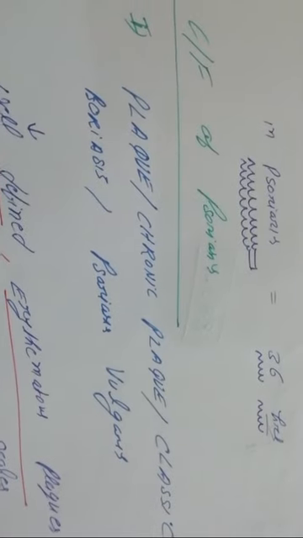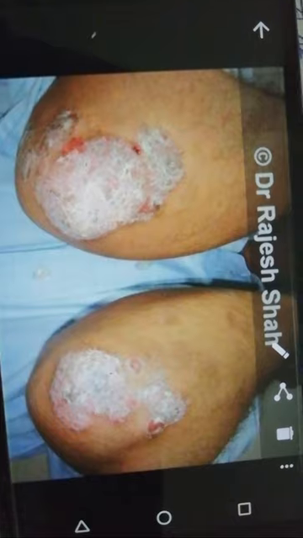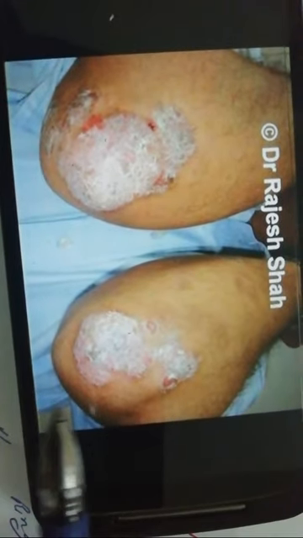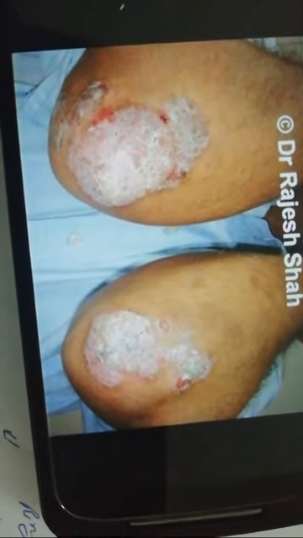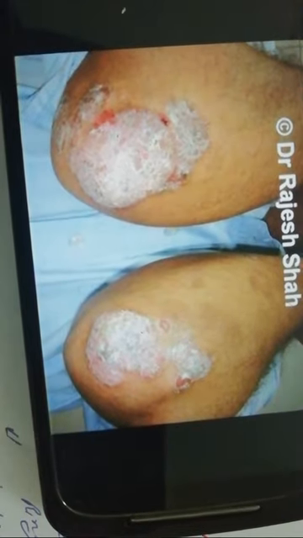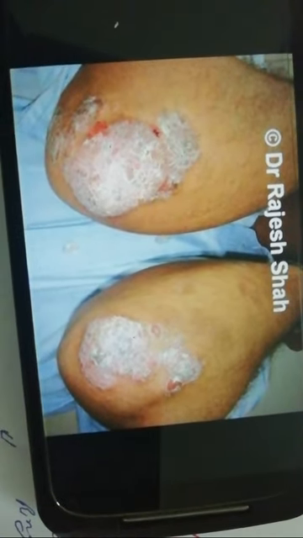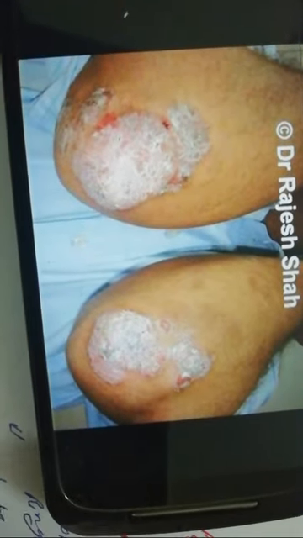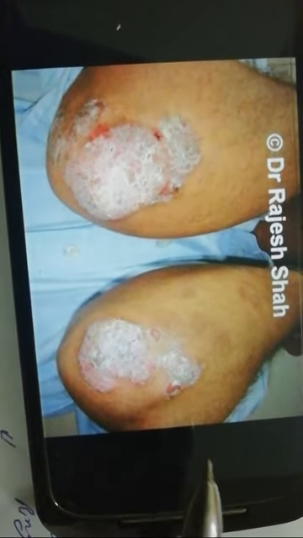The first thing is plaque or chronic plaque. Let us see how the plaque looks. This is how the psoriasis looks, and this is known as plaque psoriasis, or chronic plaque, or classic plaque, and also known as psoriasis vulgaris. So that's all we have to understand regarding these points.